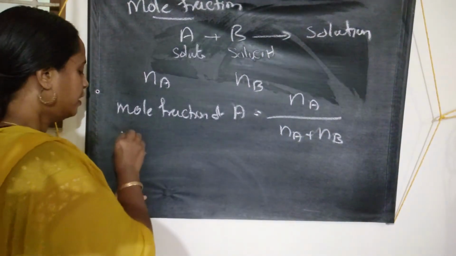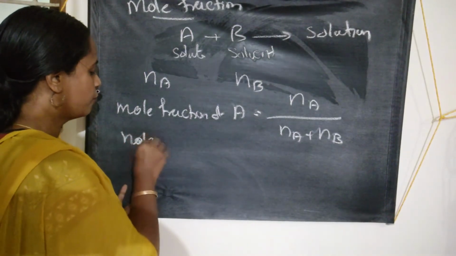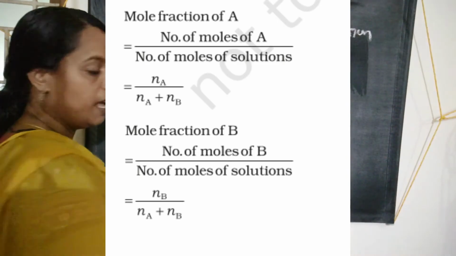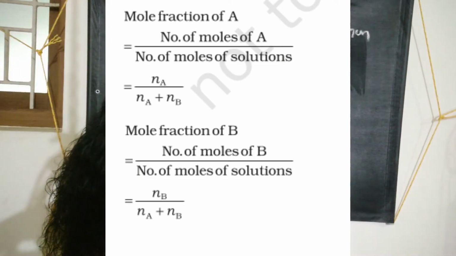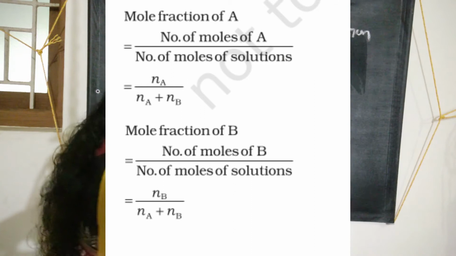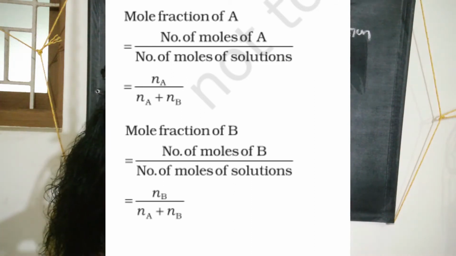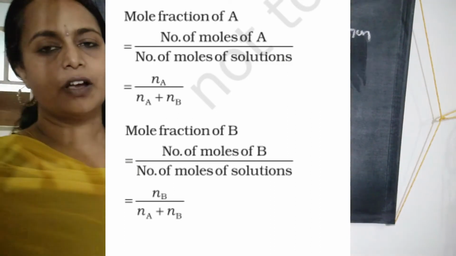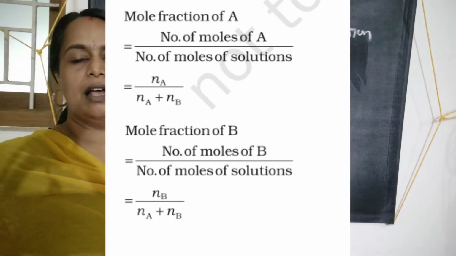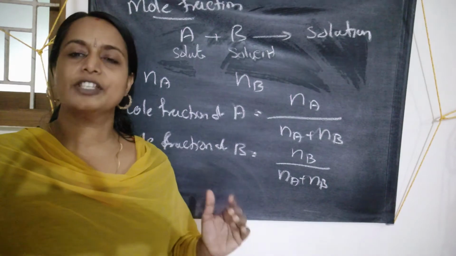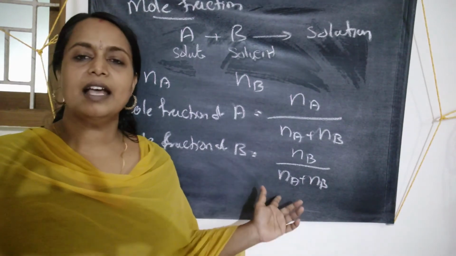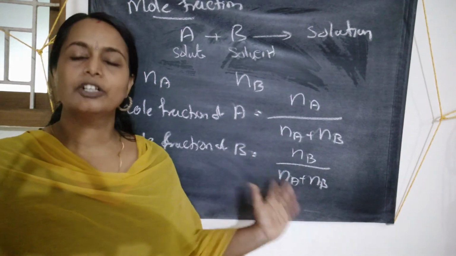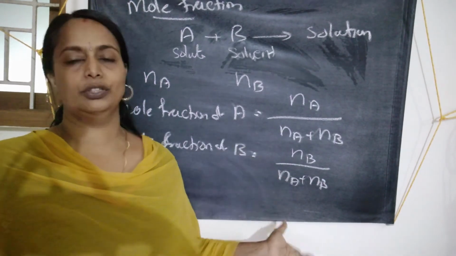Like that, the mole fraction of B can be written as the number of moles of B divided by the total number of moles, Na plus Nb. The mole fraction of a component of a solution can be written as the number of moles of that component divided by the total number of moles of the solution.